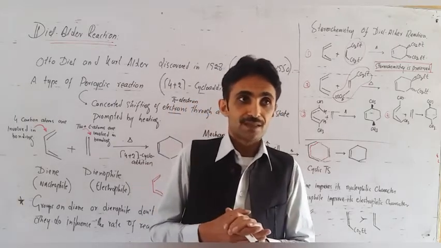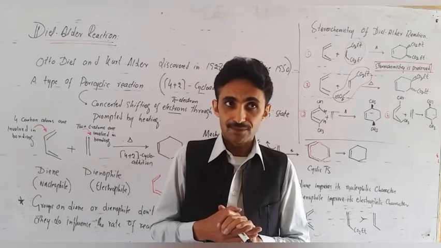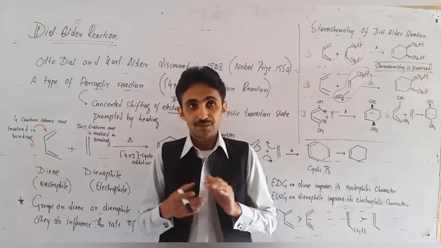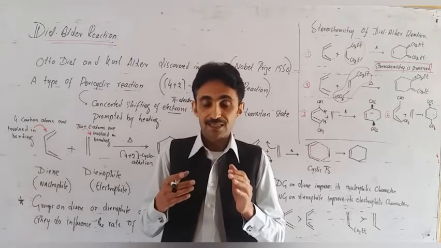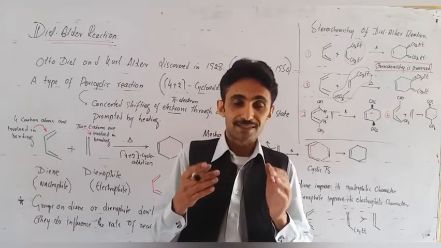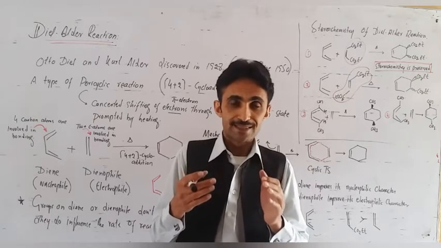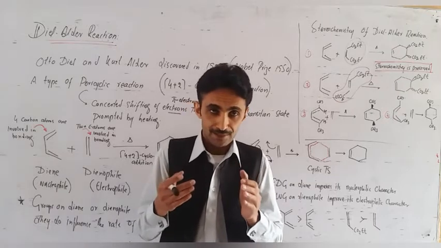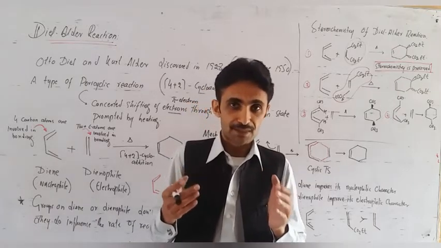For example, when we talk of the dienophile, it is electrophilic in character. So whenever there is a group present which has electron withdrawing facility, it will improve its reactivity. Why? Because the dienophile is an electron deficient species.